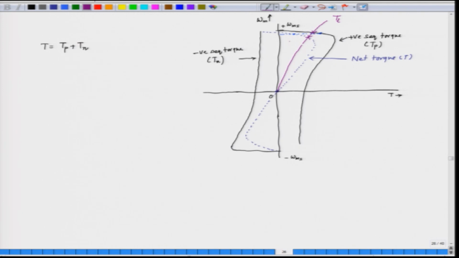So, we conclude here that torque and power are less for a single phased motor compared to a normal 3-phase motor.